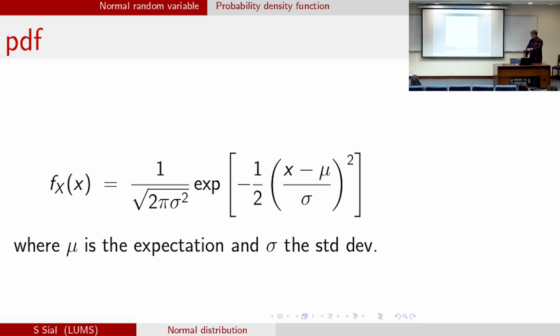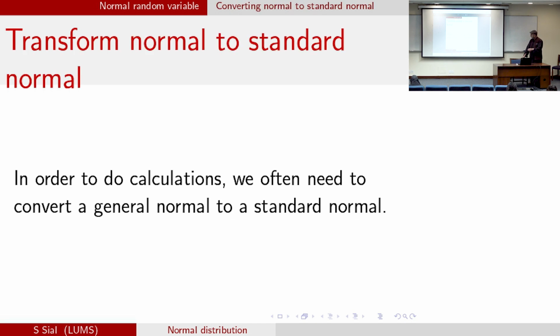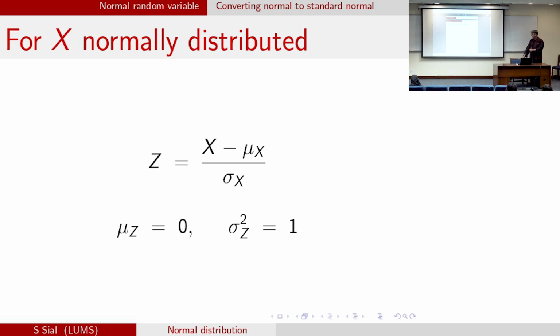But when you want to do calculations with this, you will not be able to calculate antiderivatives and so on for this. So you transform it back to the standard normal, and then you read from the table or use a computer. Okay? Okay, so this is the way you do it.